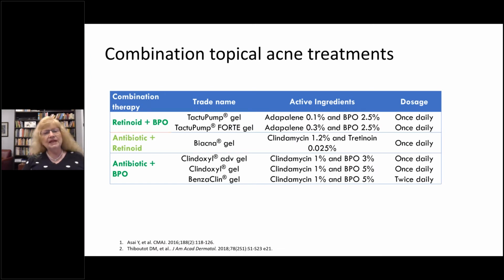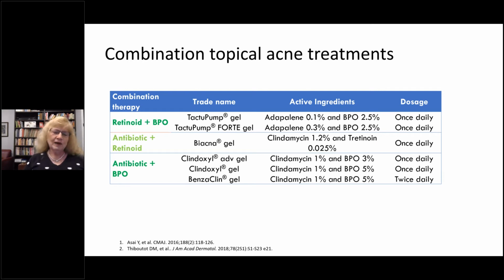There are a number of combination products. So those with benzoyl peroxide, as you can see, the top and the bottom one, you don't get antibiotic resistance because benzoyl peroxide is bactericidal and prevents the resistance from occurring. Now, when you're looking at the Acne trial, they did a 16-week trial and they did not see antibiotic resistance during those 16 weeks, even though the retinoid product does not contain benzoyl peroxide.